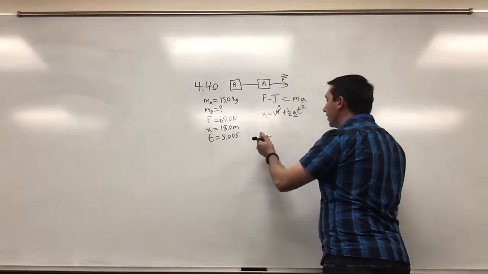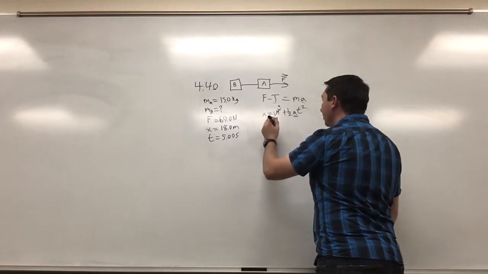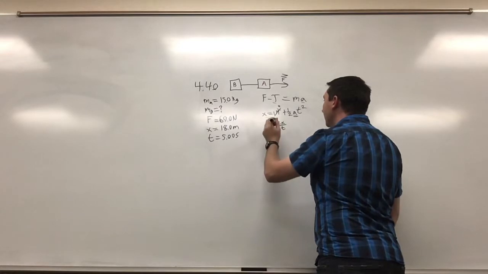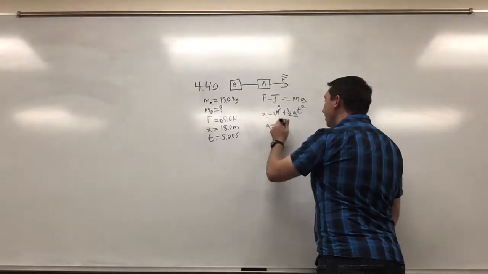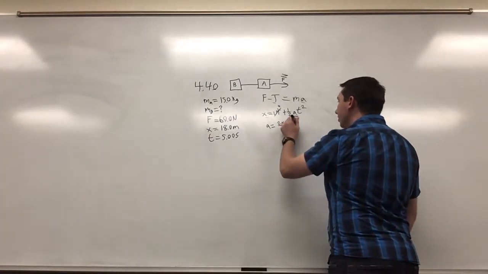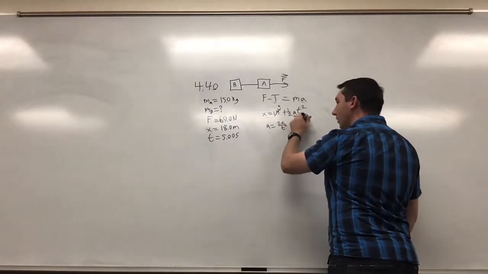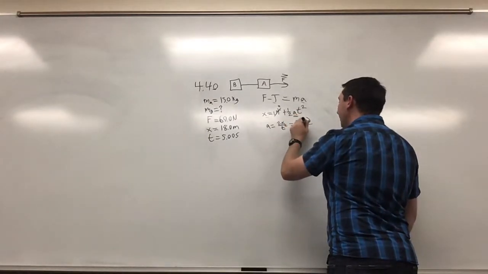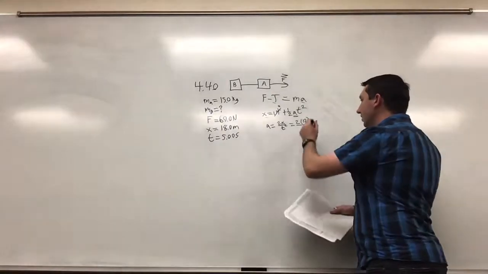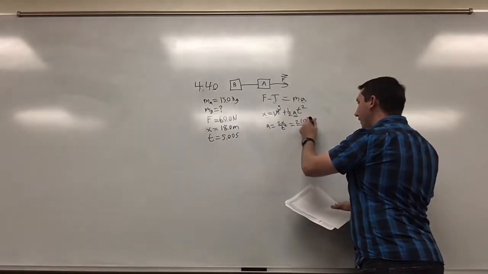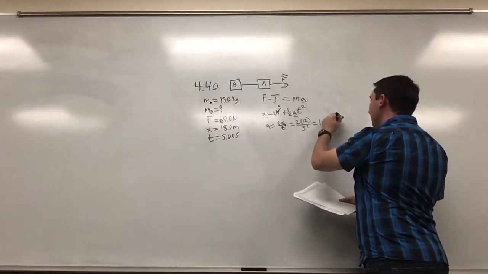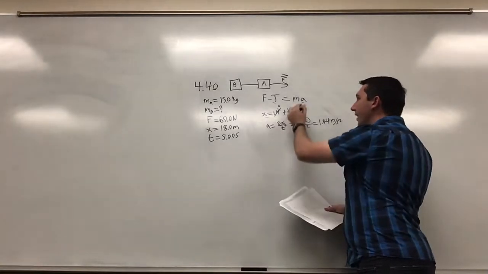So we then know that a is going to be equal to 2x divided by t squared, and that is going to be equal to 2 times 12 divided by 5 squared. And that gives us an acceleration of 1.44 meters per second squared. So we then have a.